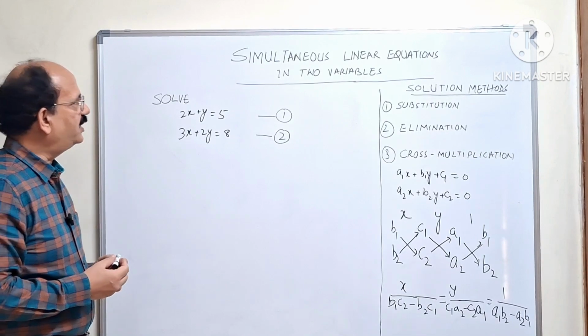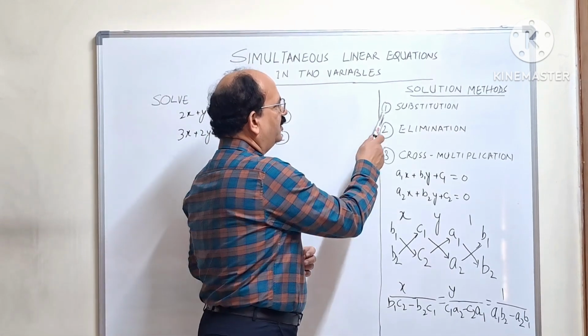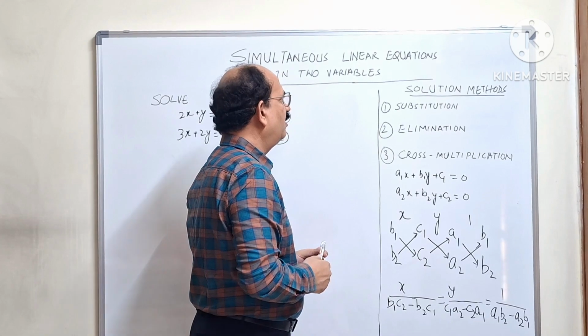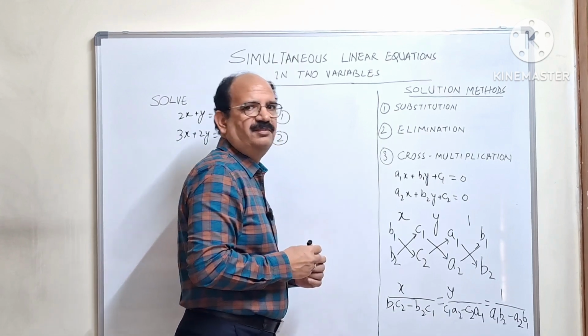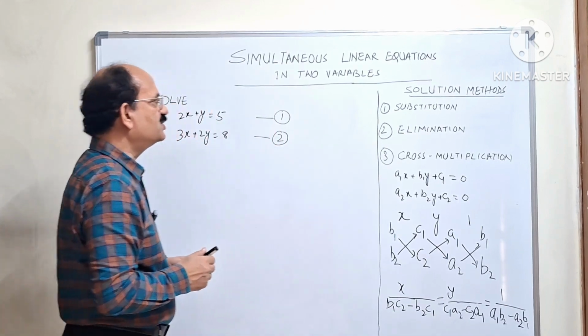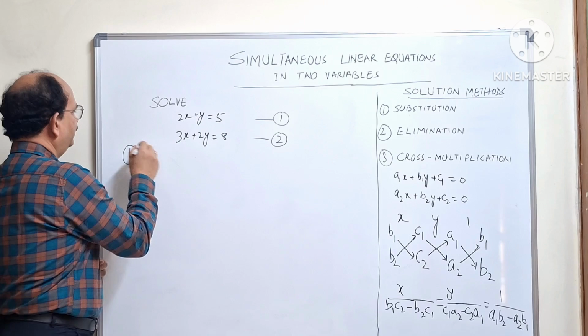Now, there are three ways simultaneous linear equations in two variables can be solved. One is substitution method, another is elimination method, and third is cross multiplication method. Let's look at these one by one. Let's try first the substitution method.